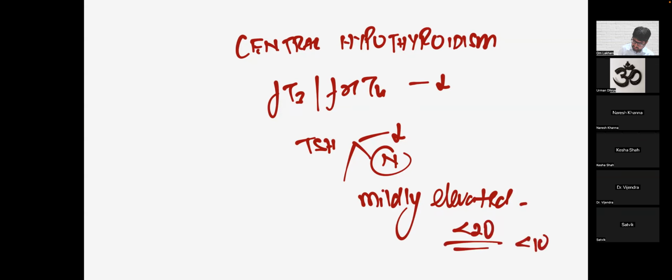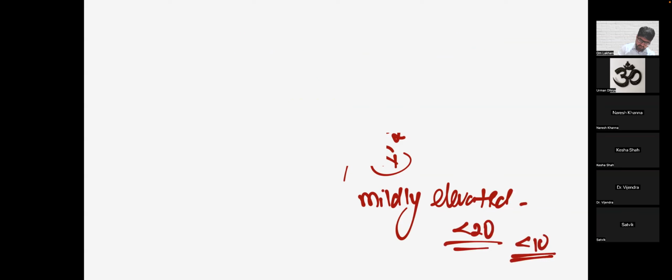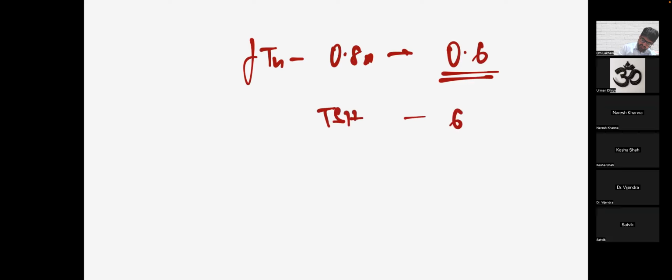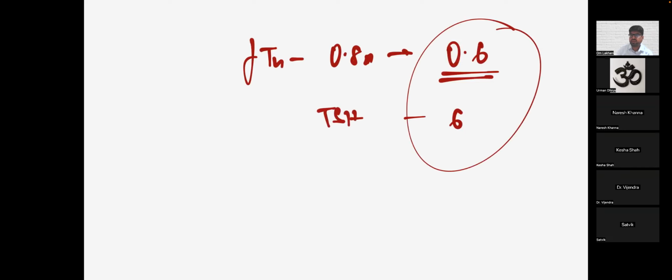Most cases less than 10, but sometimes even less than 20. So if you have a picture where, let's say, the normal lower limit of free T4 is 0.8, and the patient has a free T4 of 0.6 and TSH is 6, right? In this case, don't think of subclinical hypothyroidism, but rather think of central hypothyroidism, right? So this is a typical thing you need to understand.